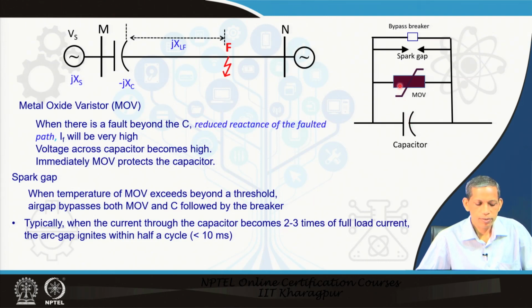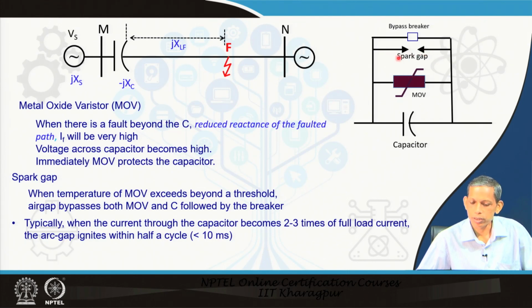Following this, the spark gap now functions. The temperature of the MOV increases, the energy contained in the MOV increases, and following a threshold on the energy, the spark gap is ignited, and the spark gap leads to a bypass of this MOV also.